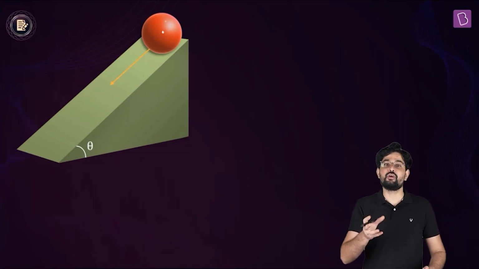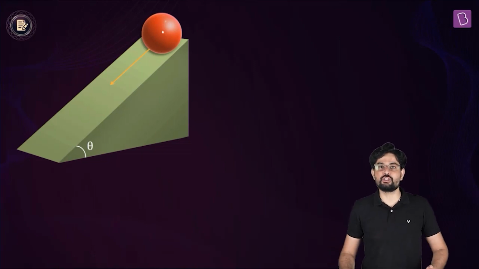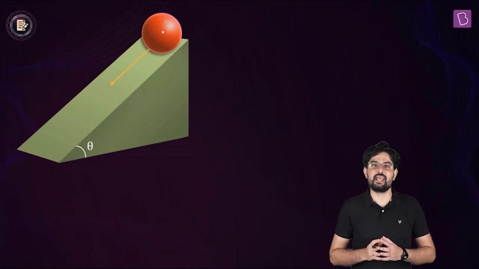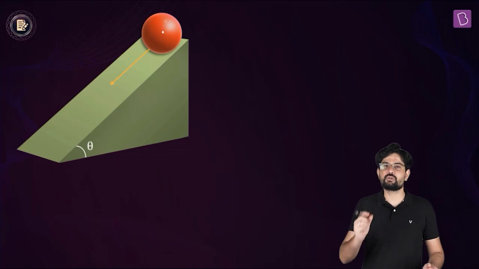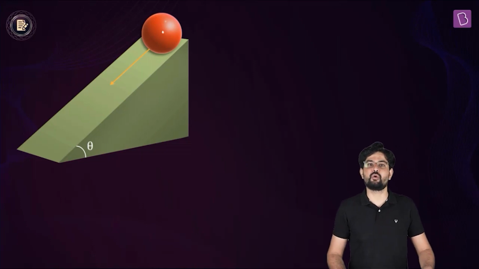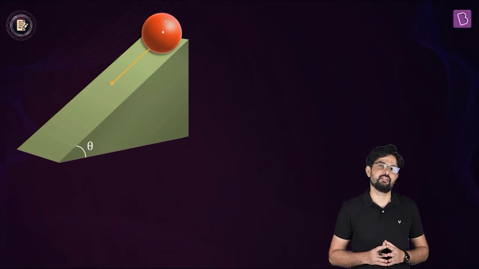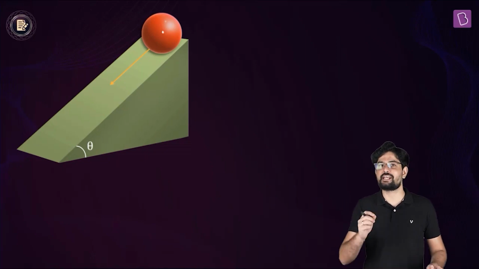And the angular velocity of this sphere will also keep on increasing as this sphere rolls down. Agreed? And who is going to provide the required torque to this sphere about its axis of rotation?